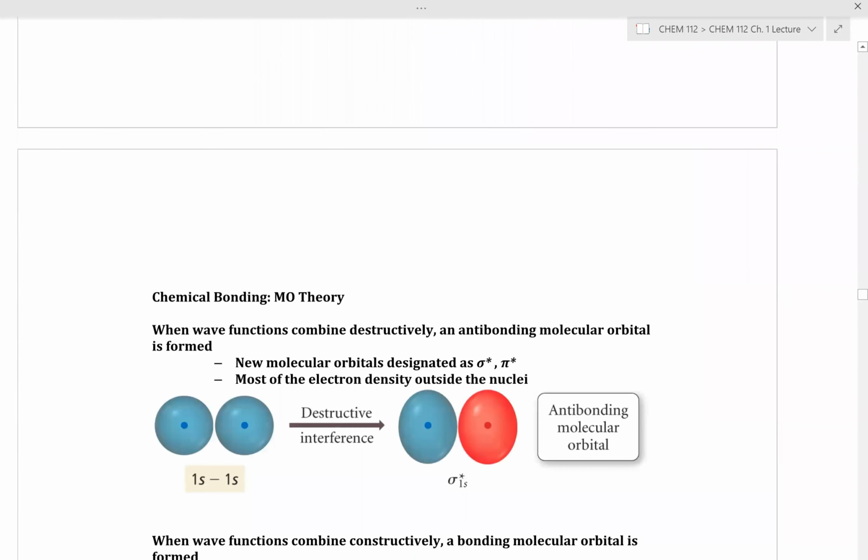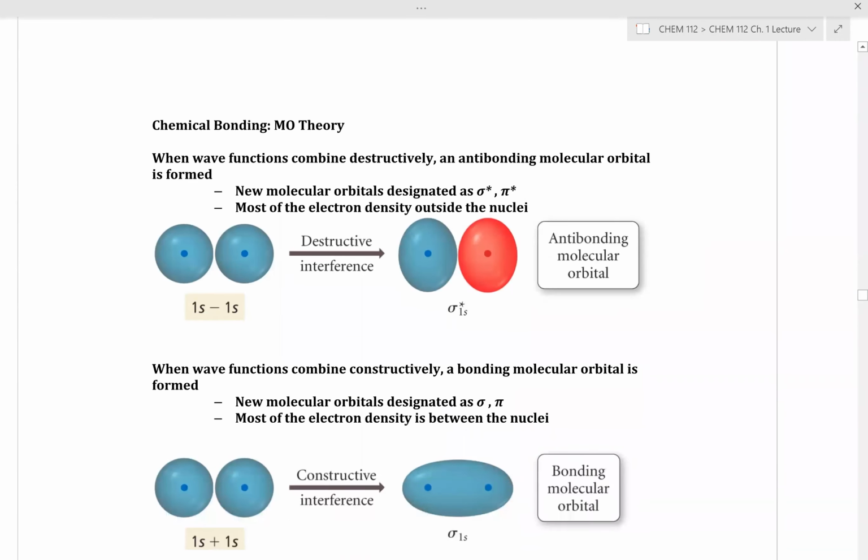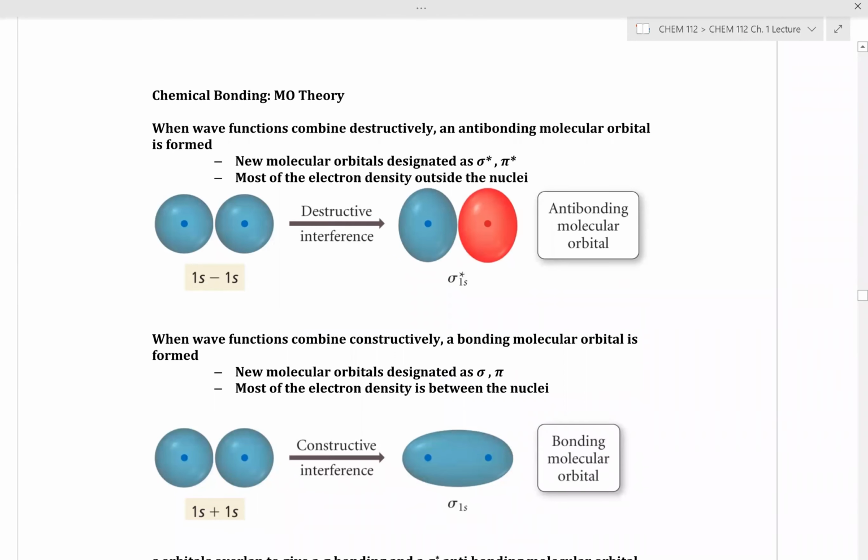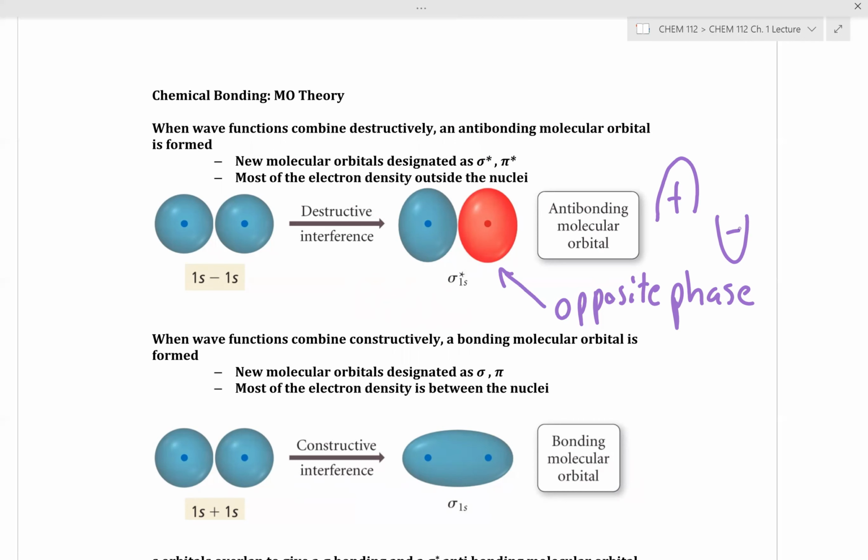When we observe destructive interference, the key criterion is that our two orbitals have opposite phase. It's as if we're overlapping the positive amplitude wave and the negative amplitude wave. When we bring them together, what happens when these two probabilities overlap?